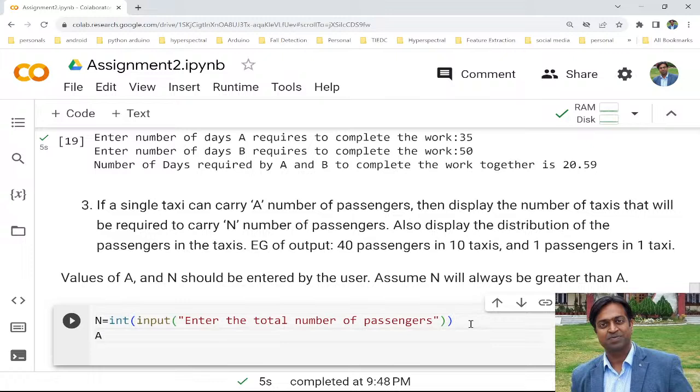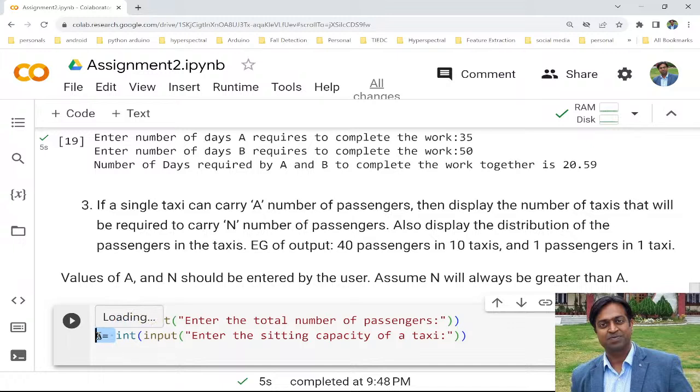And a will be the capacity, int input, enter the sitting capacity of a taxi, right? So I will ask the user to enter how many passengers there are and how many passengers a single taxi can carry, right?